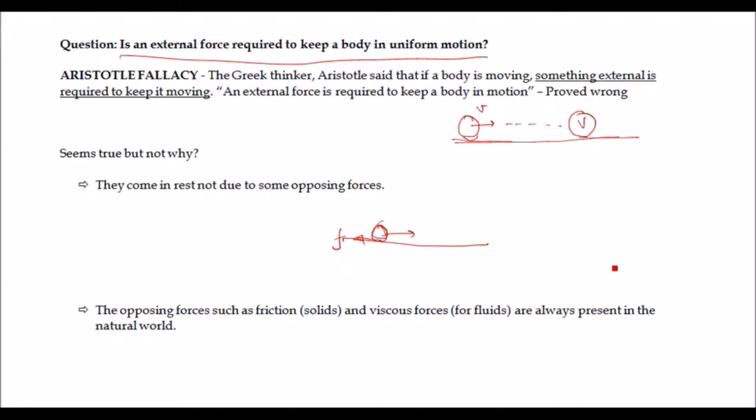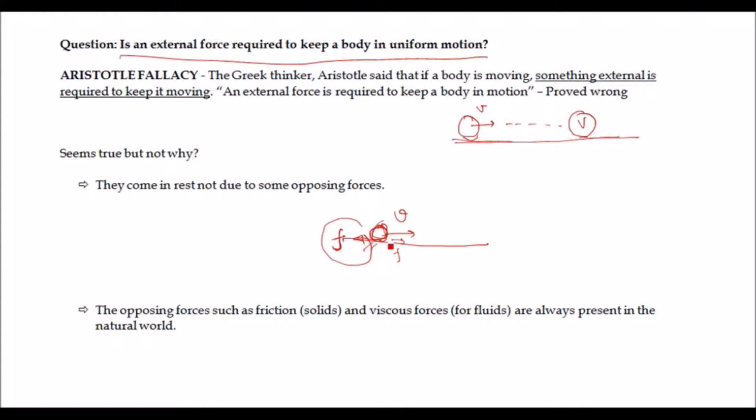If we counterbalance these opposing forces, suppose this is the ball which is moving with some velocity v, and the opposing forces F, that is frictional forces, are present here. If I counterbalance this force with some external force, then the object keeps on moving.